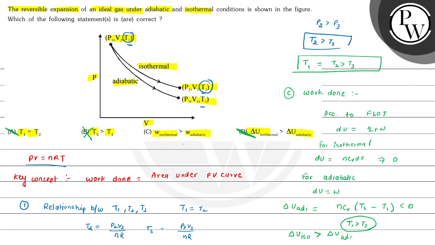Now we can check the work done. W isothermal must be greater than W adiabatic, because in adiabatic we can write dU is equals to W, and for isothermal dQ is equals to minus of W. Now W isothermal is greater than W adiabatic is given, so hence option C is correct.